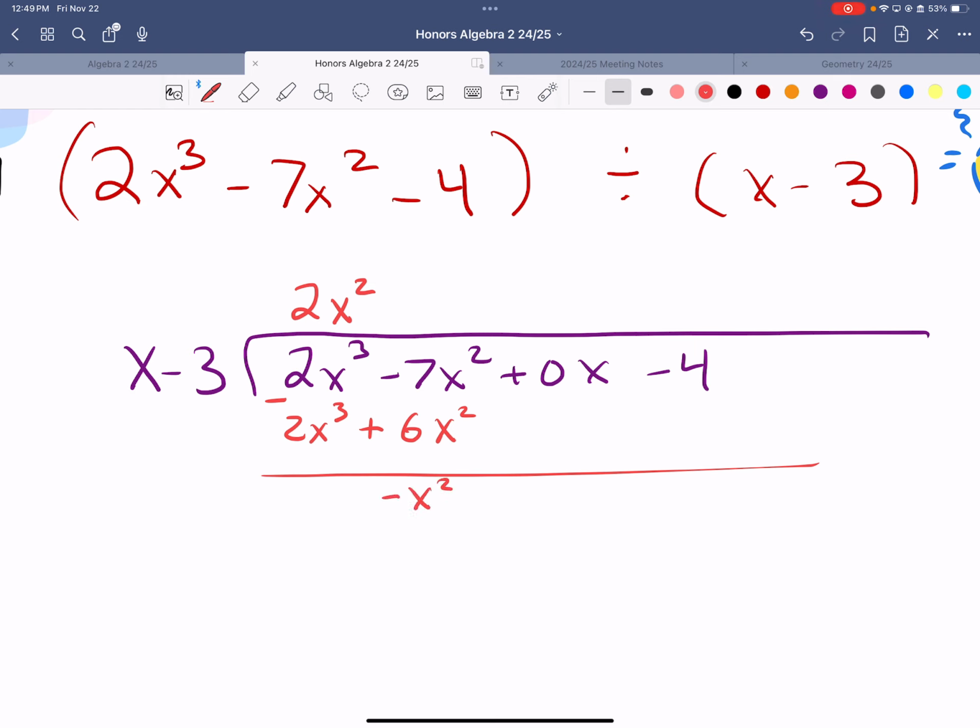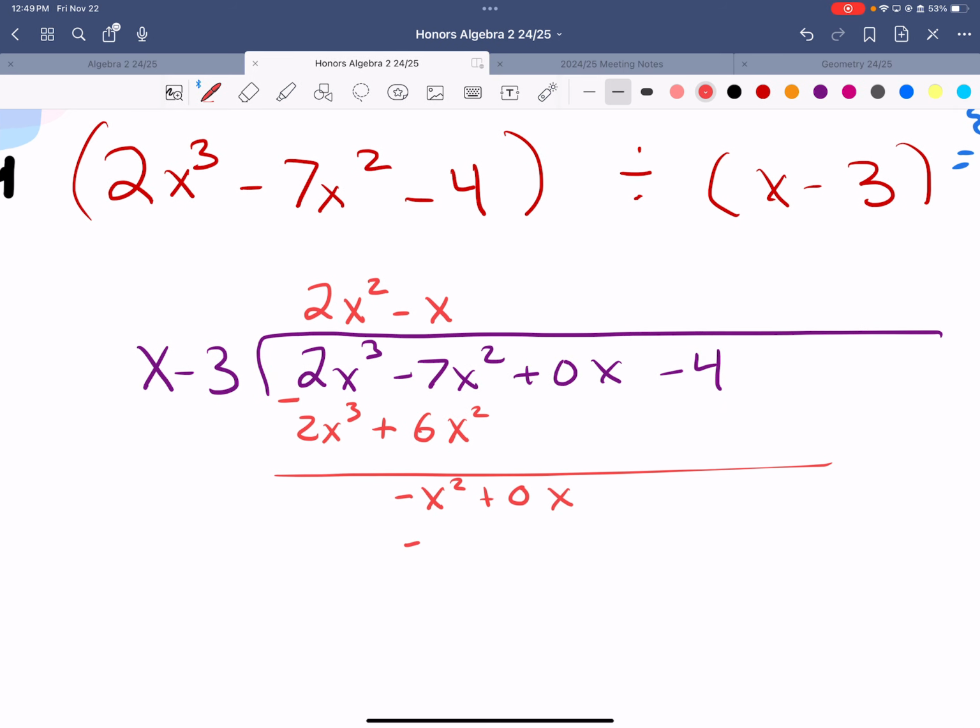So negative x squared plus 0x. So far, so good? So multiply by negative x. That gives me negative x squared plus 3x. Again, change the signs.